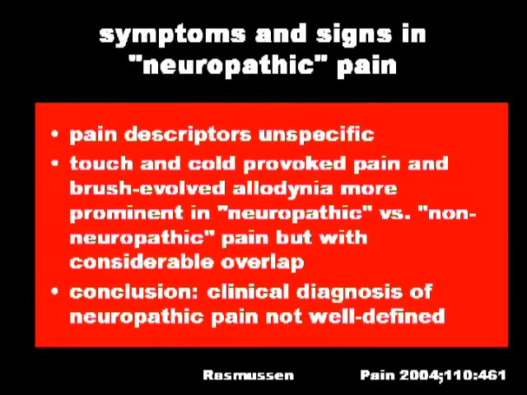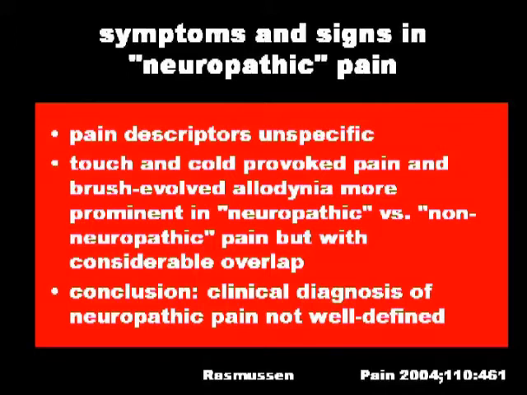Now, some of the well-known international neuropathic pain researchers looked at some groups of patients where they said the clinical symptoms should be a neuropathic pain state or something where they suspected it or something where they thought it was unlikely. And they looked at different usual pain descriptors, including those that Mike showed you, and they concluded in this paper, and I think you should read it, pain descriptors are unspecific for this.